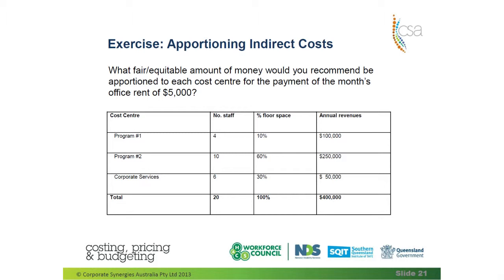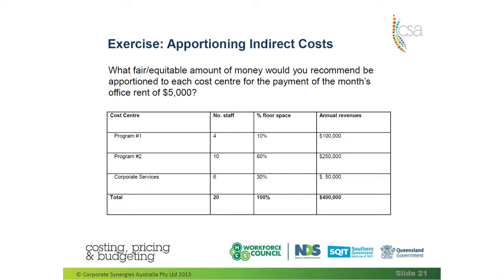And in total, we've got 20 staff. Overall, they cover 100% of the floor space, and we also represent our annual revenues. Program 1, for example, has 4 staff, uses 10% of floor space because they're out and about in the community, and they have an annual revenue or income into the organisation of $100,000 or 25%.